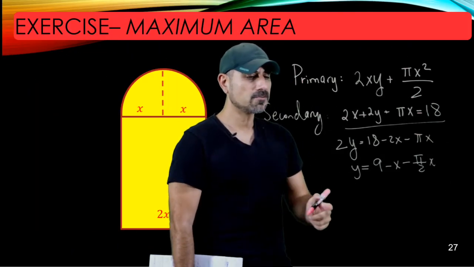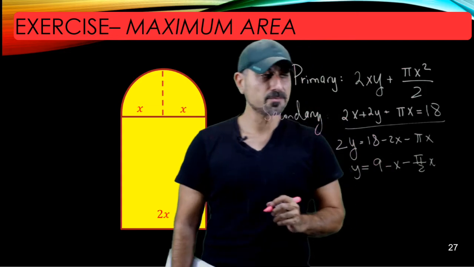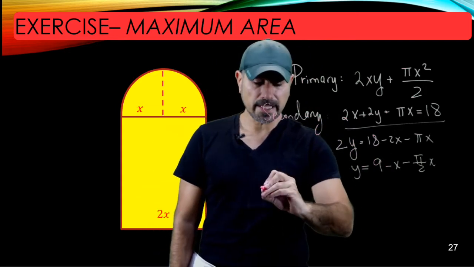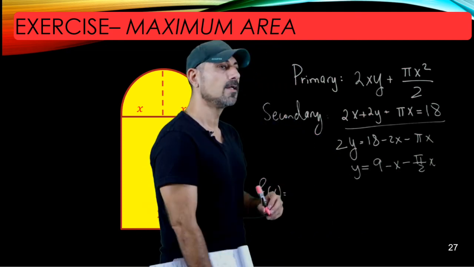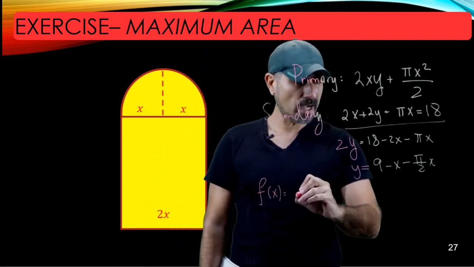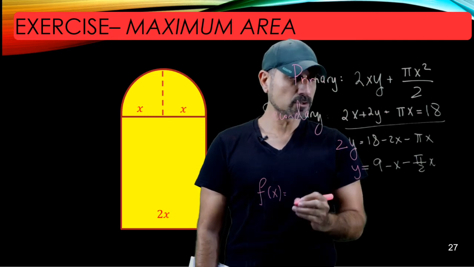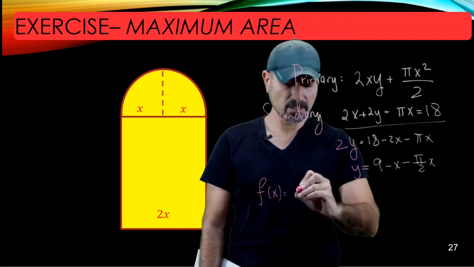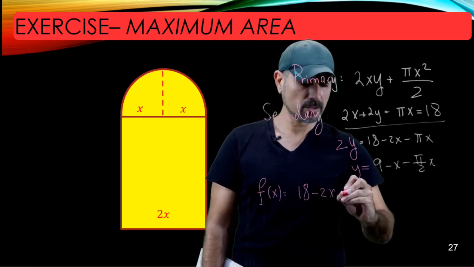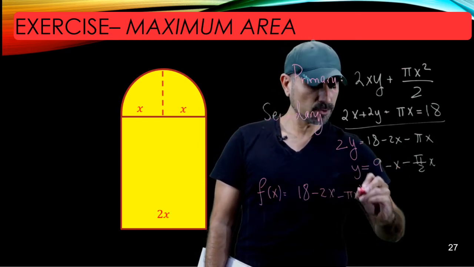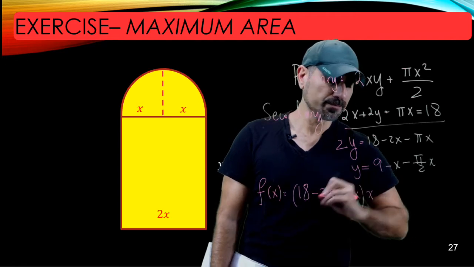All right, once we have y, why don't we plug that back into the primary equation? I'm going to call that equation f of x. f of x is equal to 2 times xy. In other words, 2y times x. So let me just write 2y from here. 2y times x. Here we go.